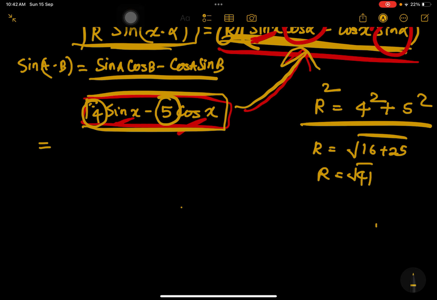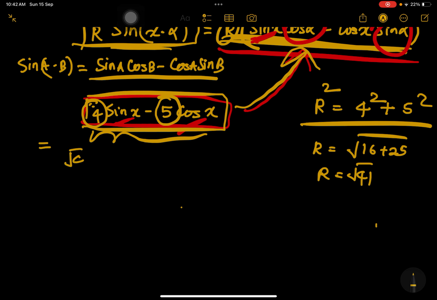Actually, root of 41 is not at the front of this equation, so you have to create it at the front. It means you have to divide each and every part of this equation by root of 41, because you don't want to change anything in the equation. If you multiply by something, you have to divide by the same thing.